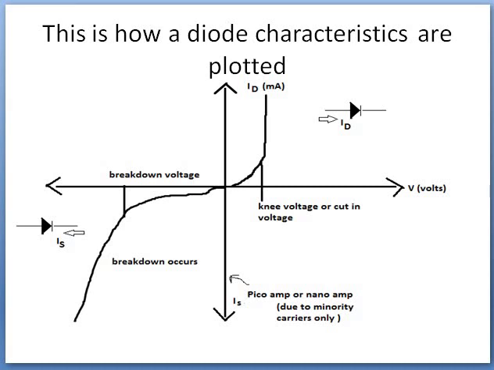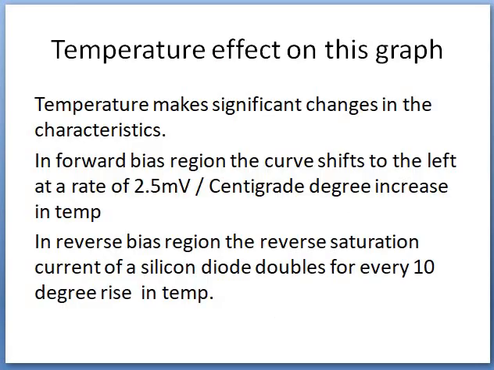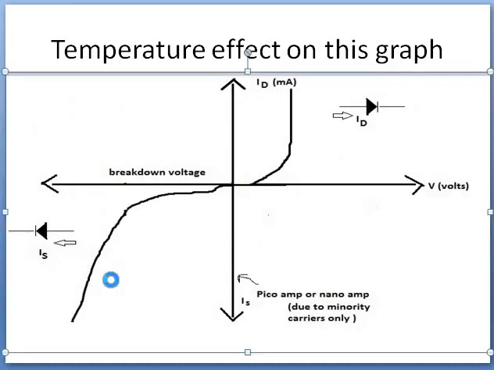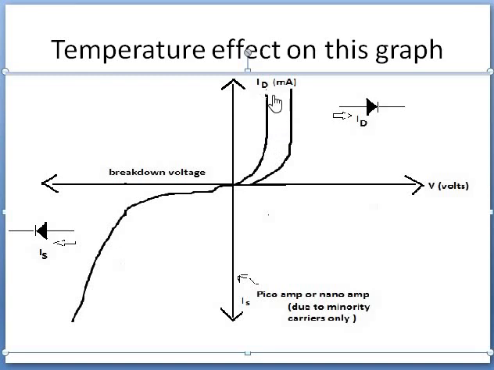Now let's see how temperature affects this graph. Temperature makes a significant effect. If the temperature rises, then what happens to the graph in forward region or reverse region? Let's have a look at this video first. If the temperature rises, if it's hot around the device, around the diode, then it quickly starts conducting.